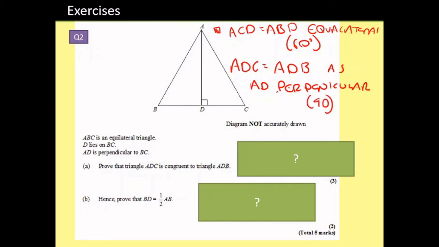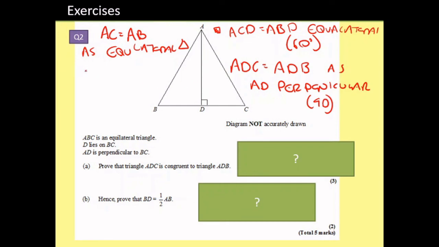And there are other things I can prove actually. So think about my sides. I actually know that AC must equal AB, as it's an equilateral triangle.